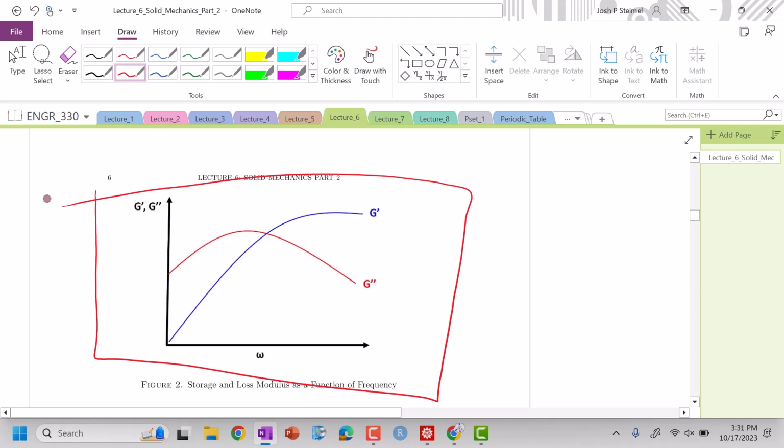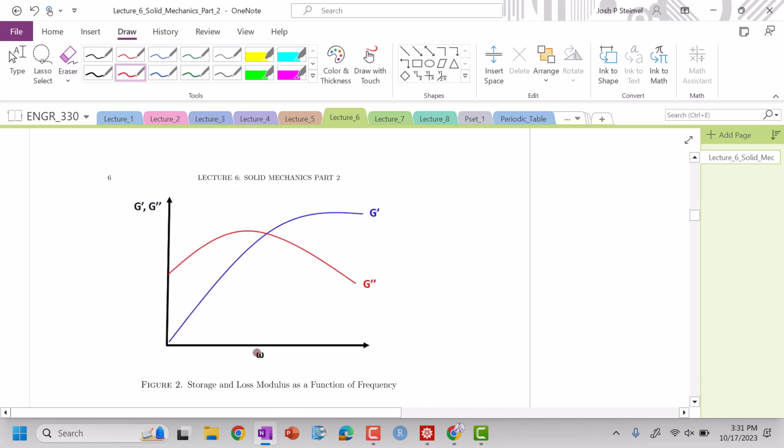Now, we can analyze these responses in this dynamic mechanical analysis. What you're seeing here is a curve, as a function of frequency, of our G prime and our G double prime. The curve that's higher is the dominant response. At high frequencies, to the right here, my G prime, my storage modulus, is larger than my loss modulus, so this is elastic.